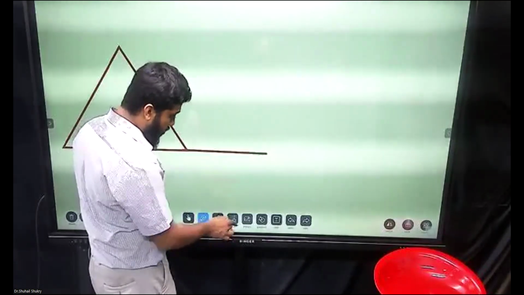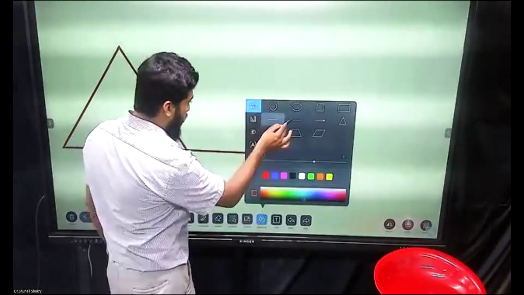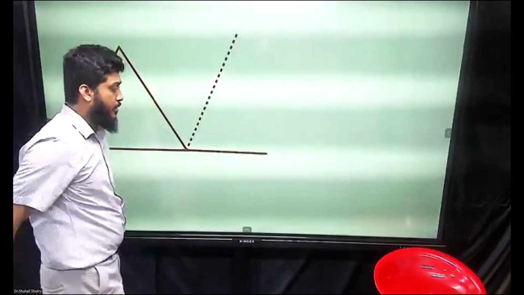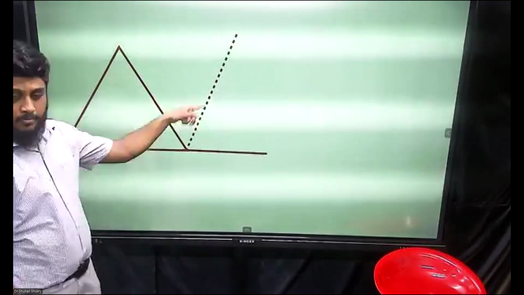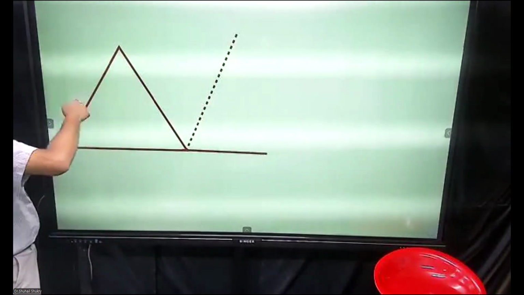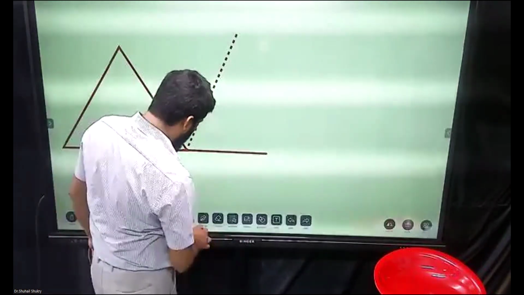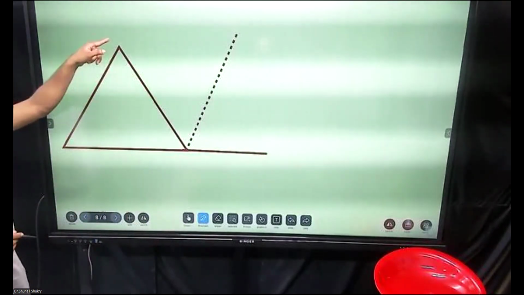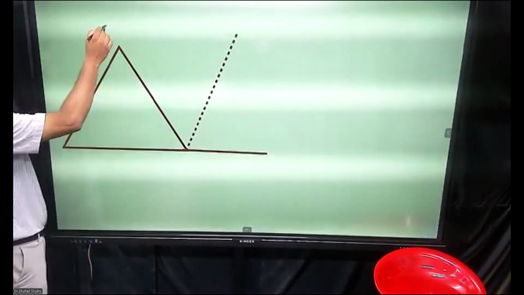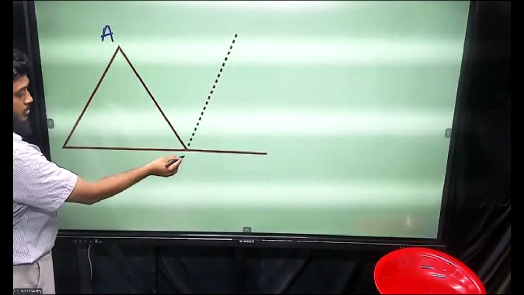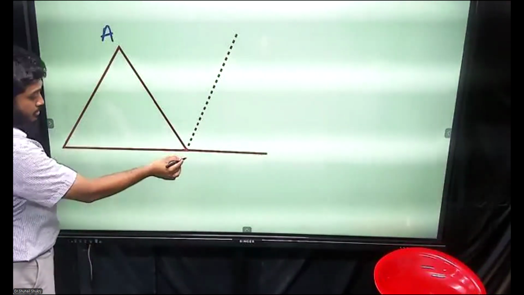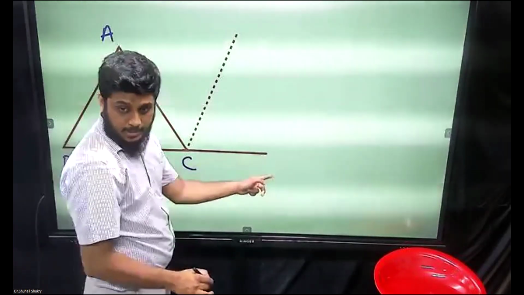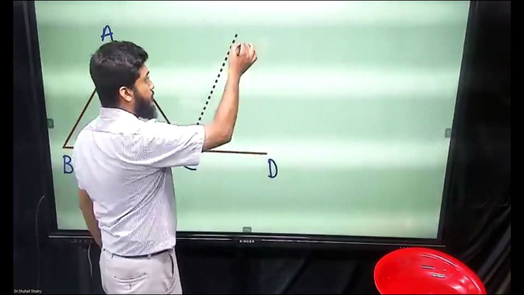What is that construction? I'm going to draw a dotted line which is parallel to this line. Now I have named this A. Here C. Here B. This is D. This one, E.